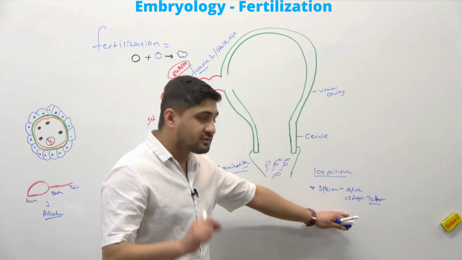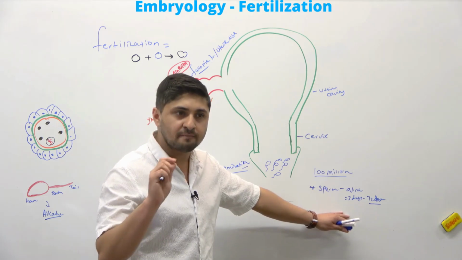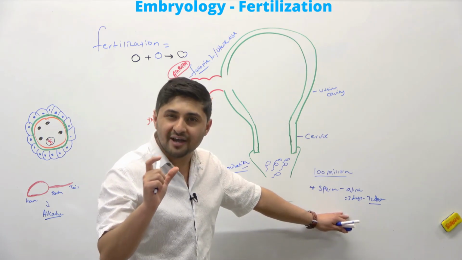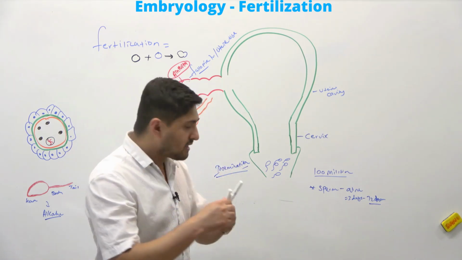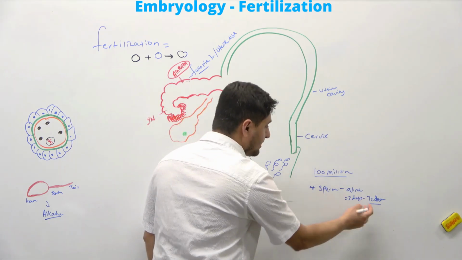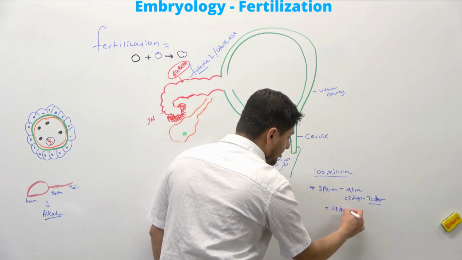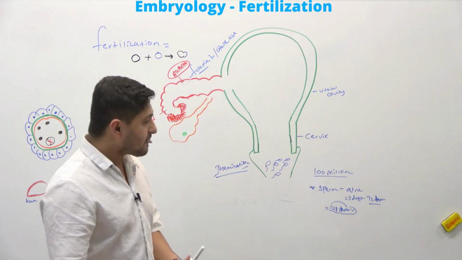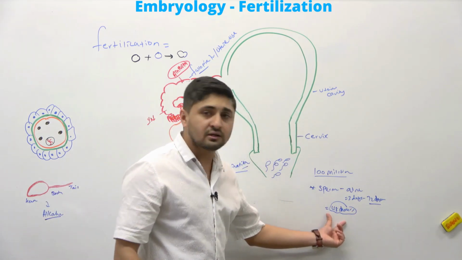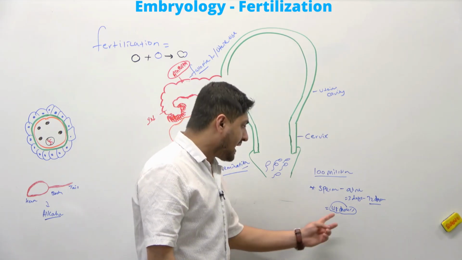But the sperm which can induce fertilization, which are extremely viable, stay viable not up to 3 days but within 48 hours. In these 48 hours, they are super active and extremely viable to induce fertilization. And this is something to remember.